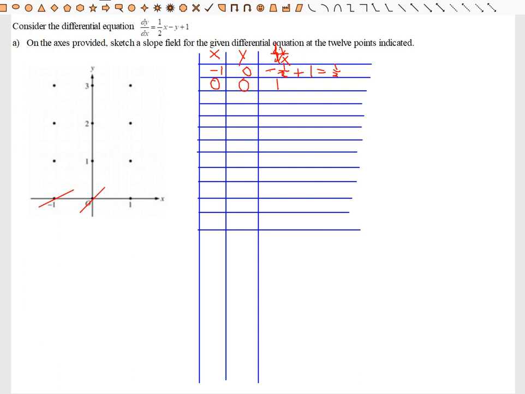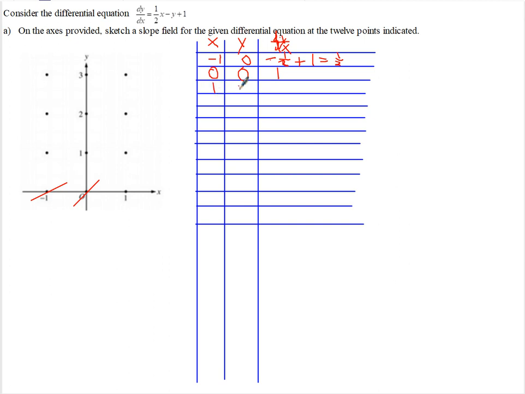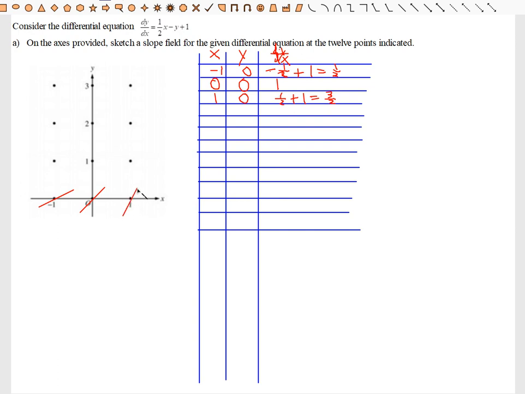And then if we substitute in 1, 0, you get positive 1 half. 0 wipes out the next term, plus 1 gives you 3 halves. So that would be up 3, right 2. So a little steeper than this one. So you can see as we keep going to the right, it gets a little bit steeper. So there's not an easy pattern to follow, but it is a pattern you can kind of see.